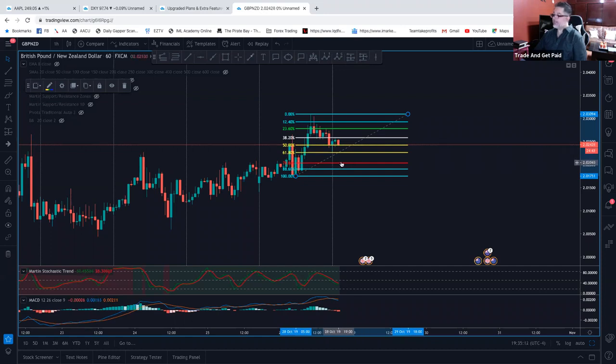Okay? If instead you happen to pull the Fibonacci and the price has come all the way down past 50, past 61.8, all the way down to the 78.6, that is the best profit ratio entry that you can get for a buy. Why is that?